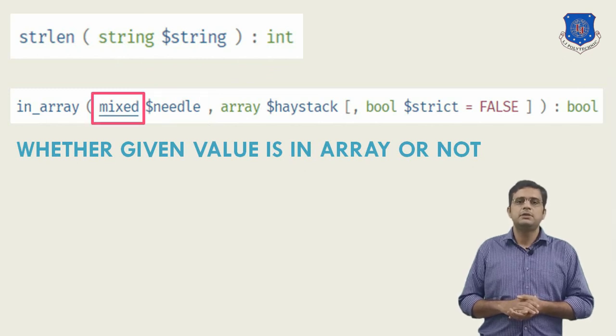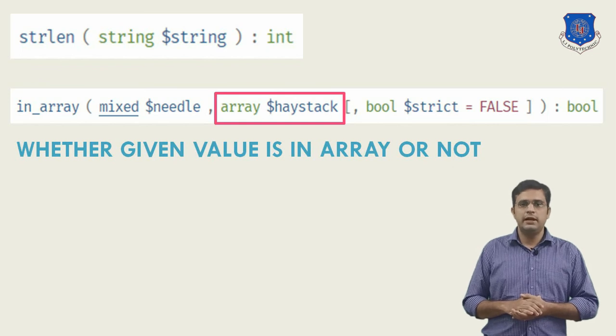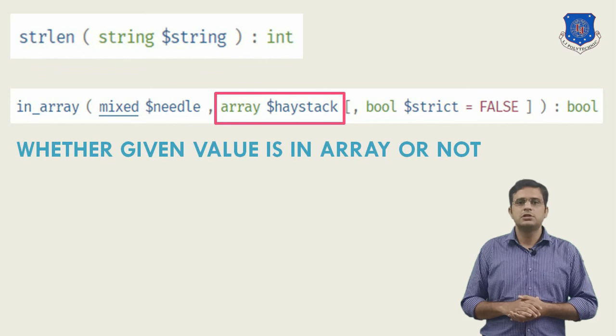Mixed data type means the argument can be of any data type. The second argument reads haystack, which refers to the array in which the needle is to be searched. Needle and haystack are common names given to the object to be searched and the object in which to search respectively.